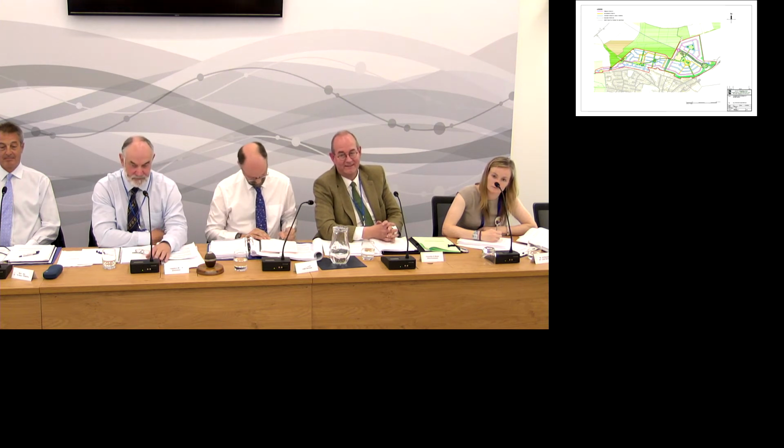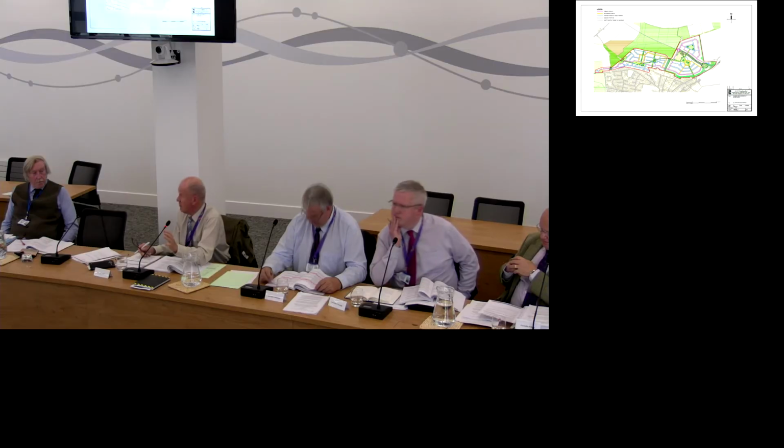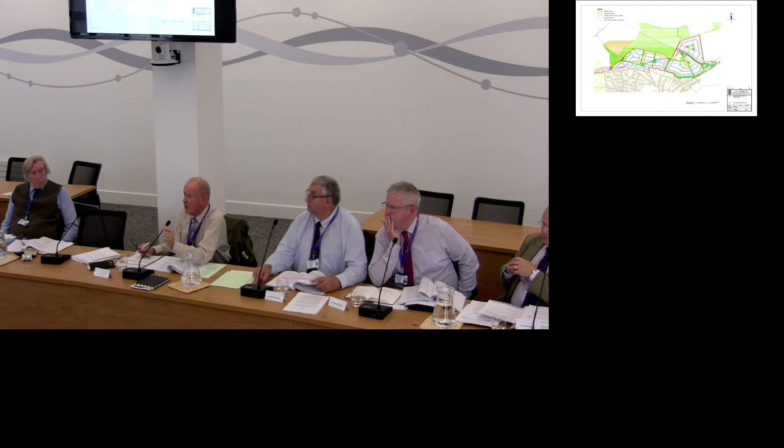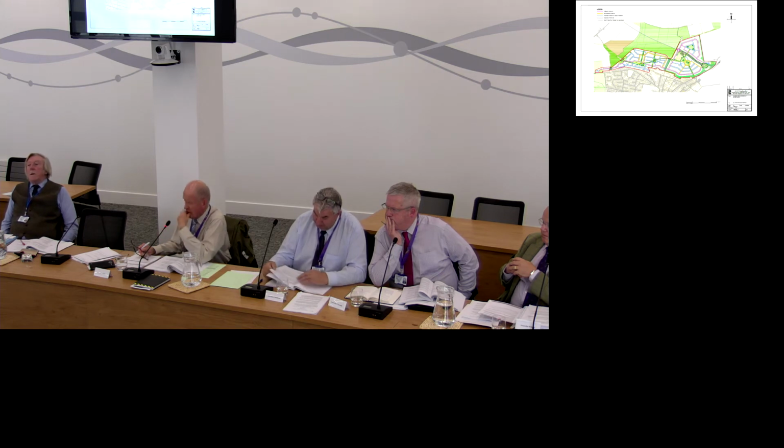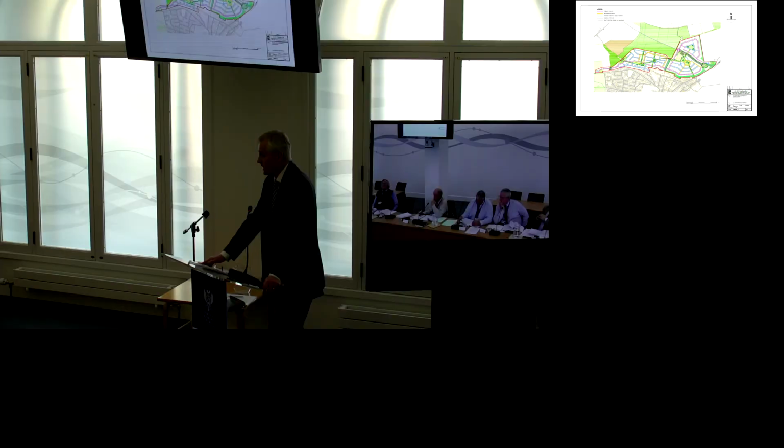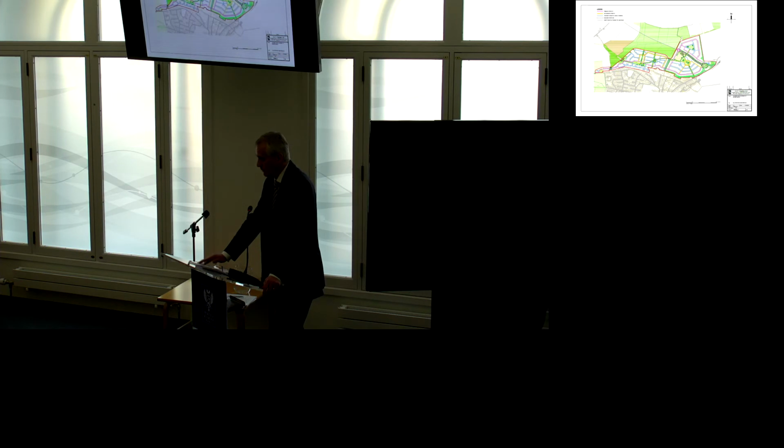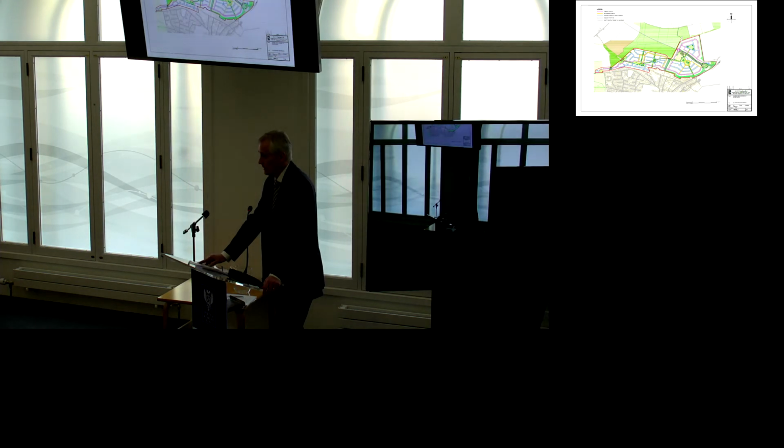In relation to the point you made about phasing of the first 100 houses, would you like to repeat the time scale of the likely construction? Certainly. Obviously these are estimates because our build rates depend on the market at that time. But if we assume that the application is consented today, it's an application in principle, we will have to follow it up with a detailed application.